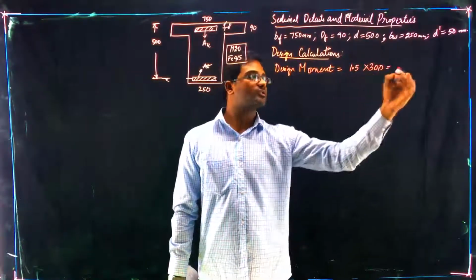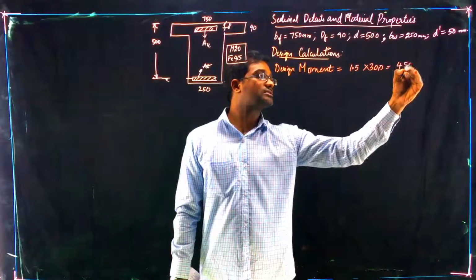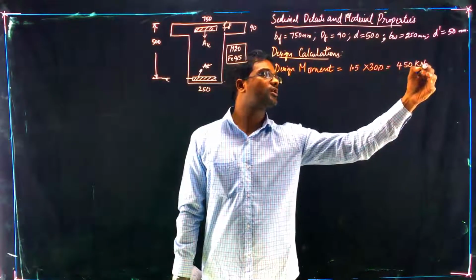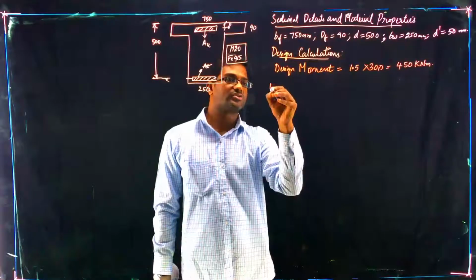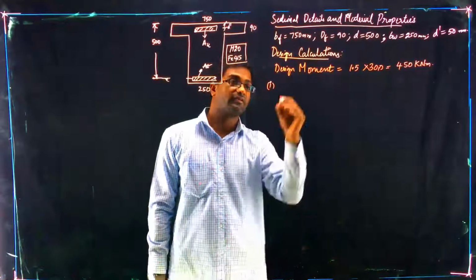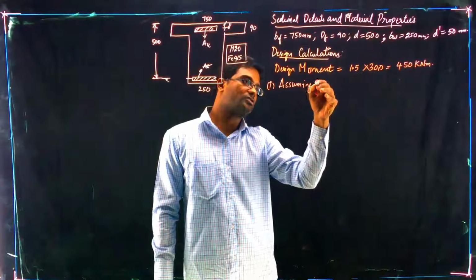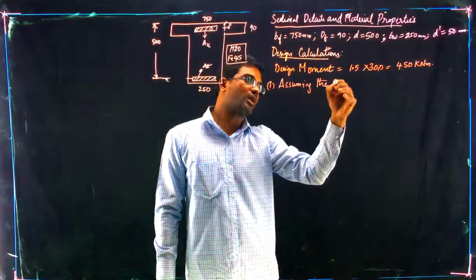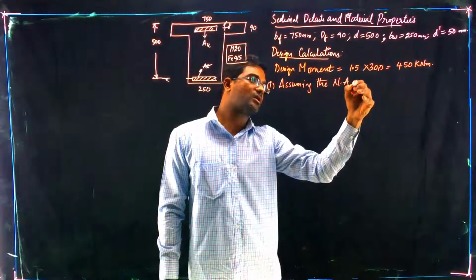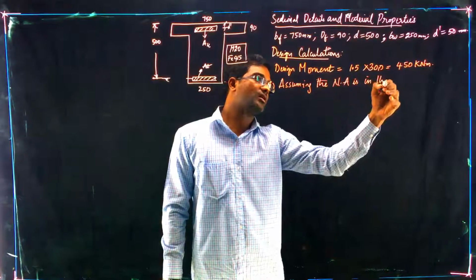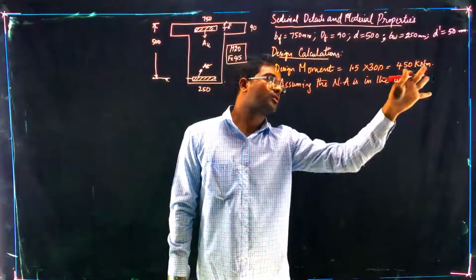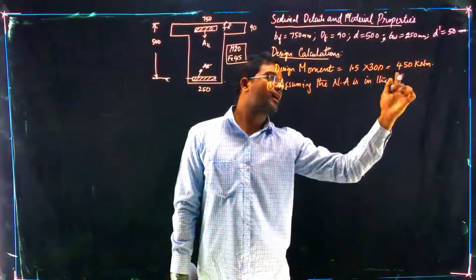So 1.5 times 300 gives 450 kilonewton meter. In the first step, we assume the neutral axis is within the flange.